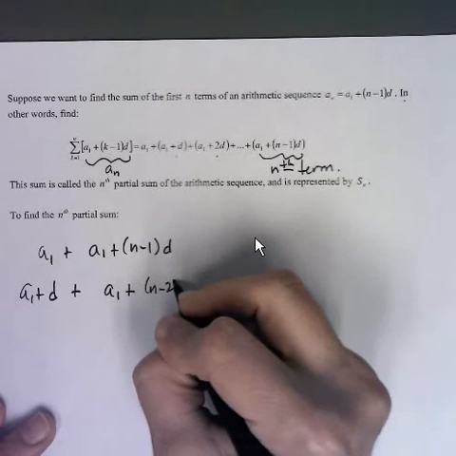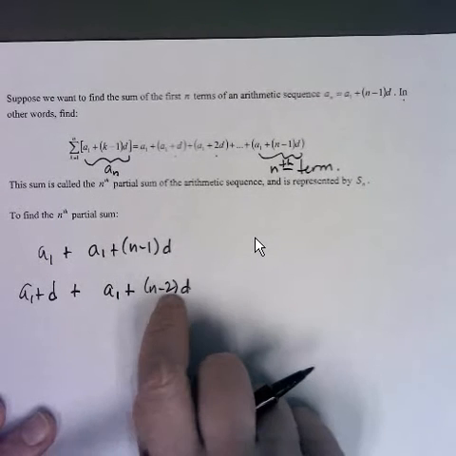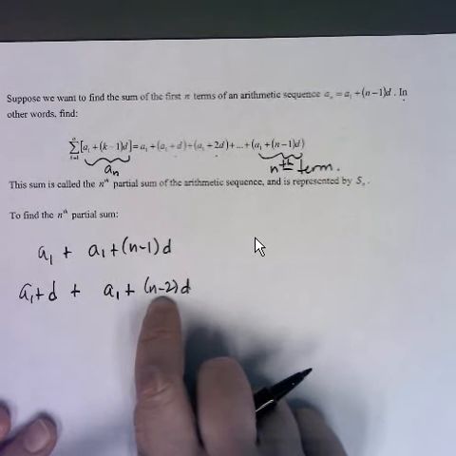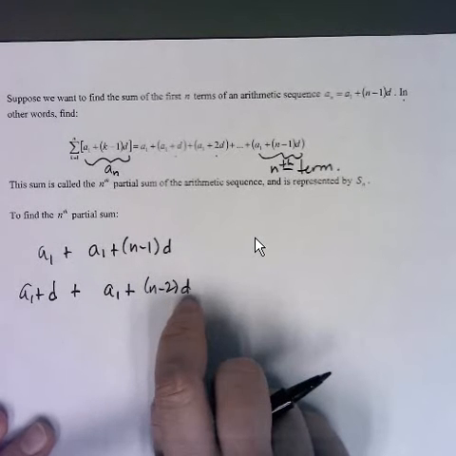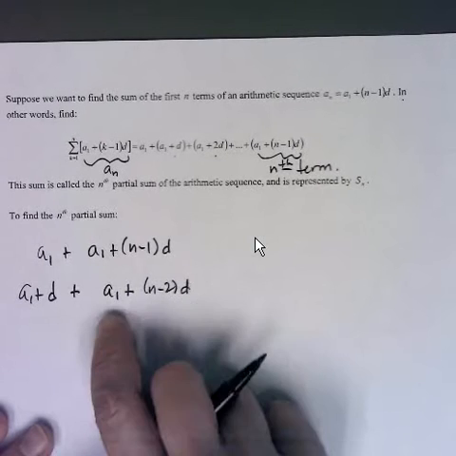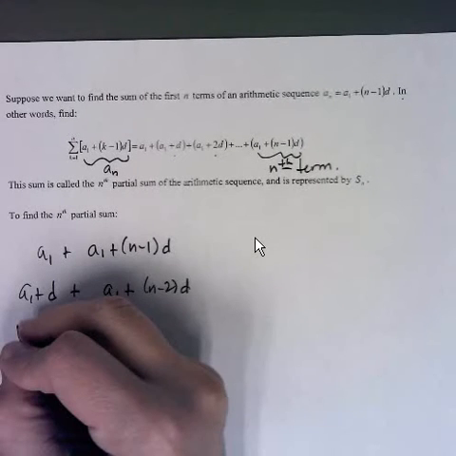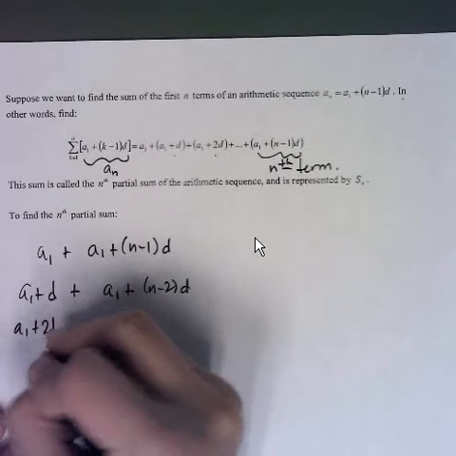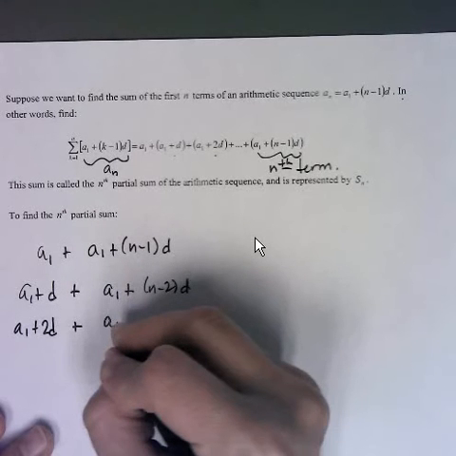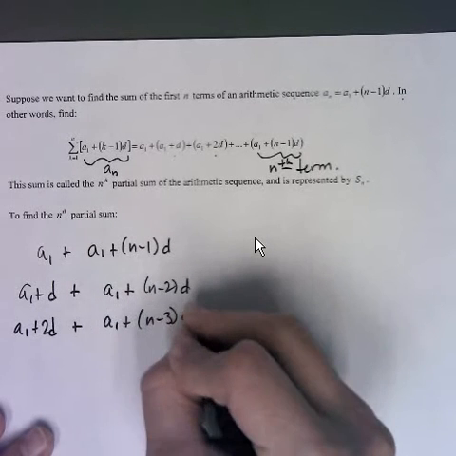You'd be adding 1 less of the common difference to get the term before. And now this will be a sub 1 plus 2d plus a sub 1 plus n minus 3 times d, etc. Keep going.